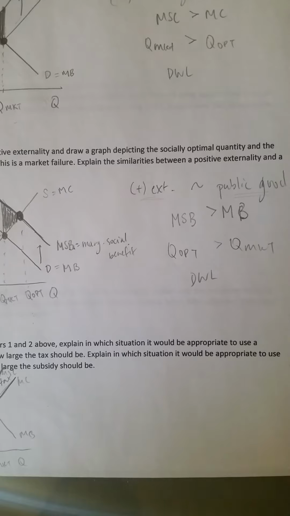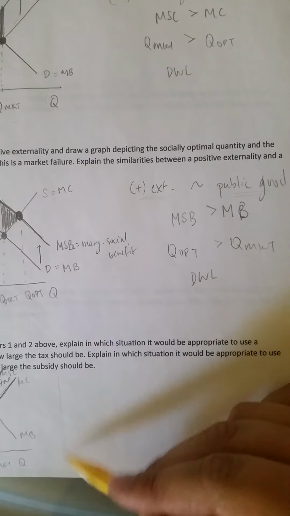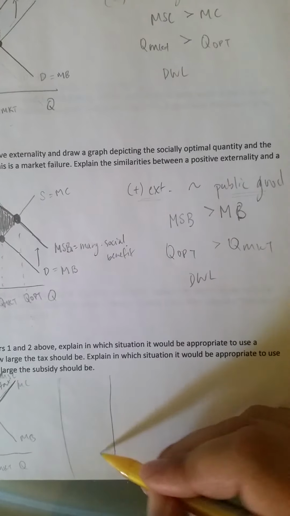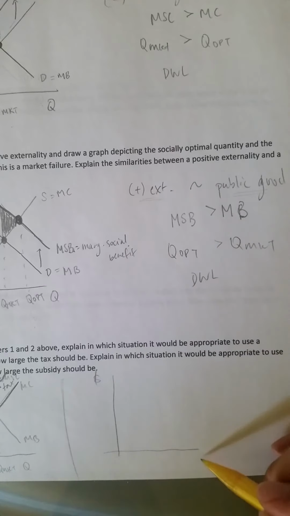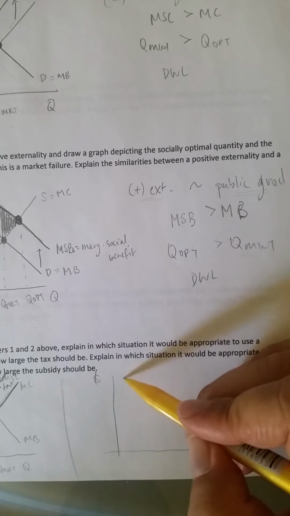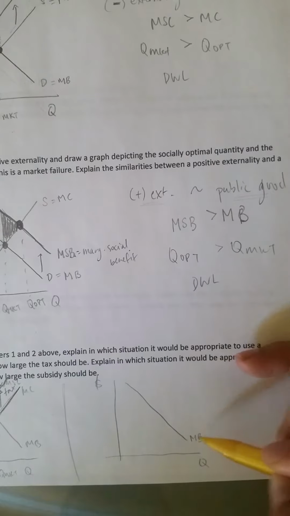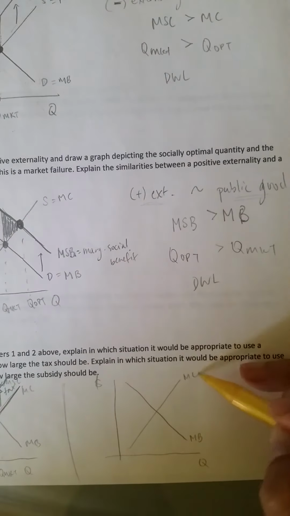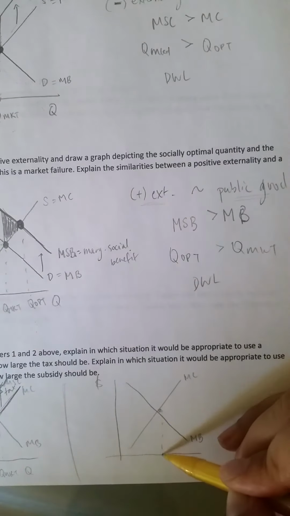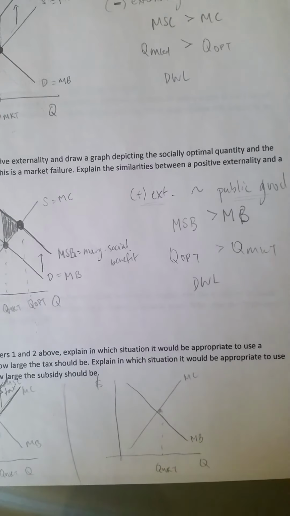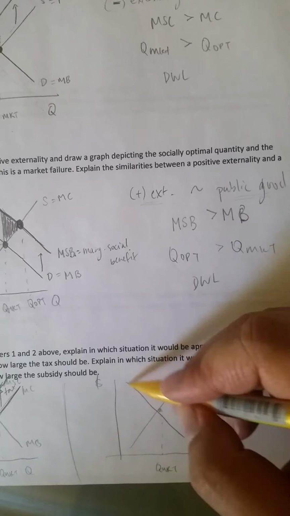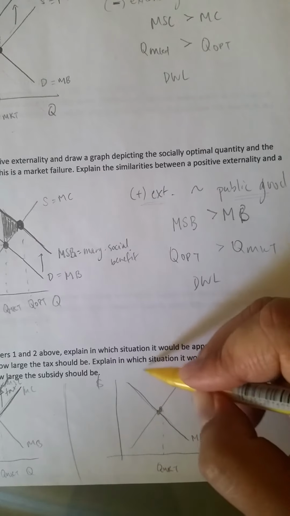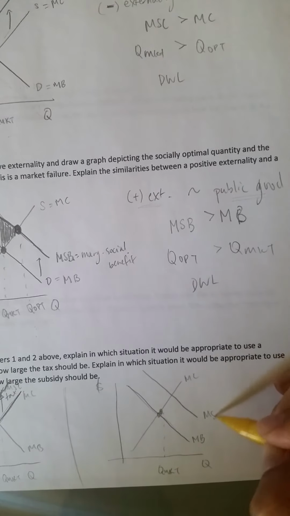Now if we're going to look at a positive externality, again we have price per unit and quantity down here. Our normal demand and supply would be private marginal benefit and private marginal cost, leading to this market quantity. In the case of a positive externality, the benefit to society is actually greater than the benefit to any individual.